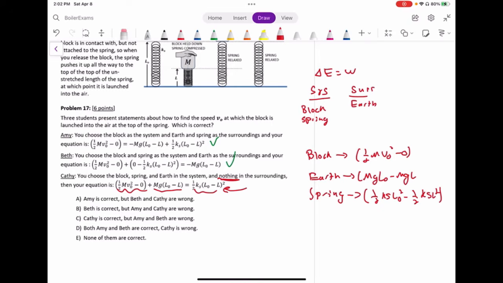It should be on the left-hand side. So Kathy, nope. This one says Kathy's correct, so no. Amy and Beth are correct. So it's got to be D, which is true. Nice.